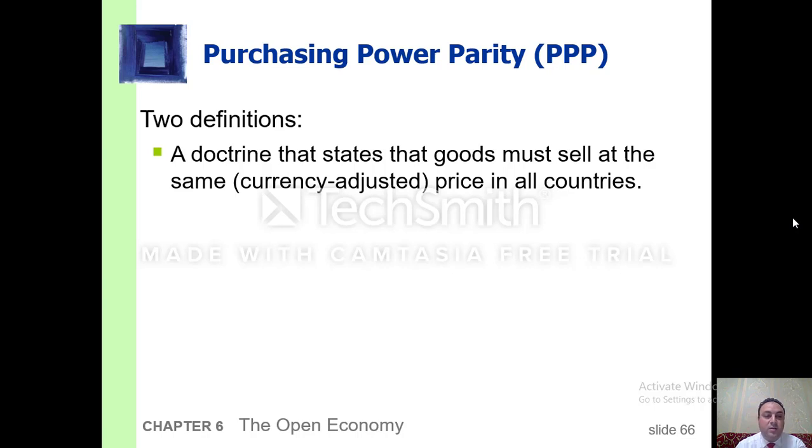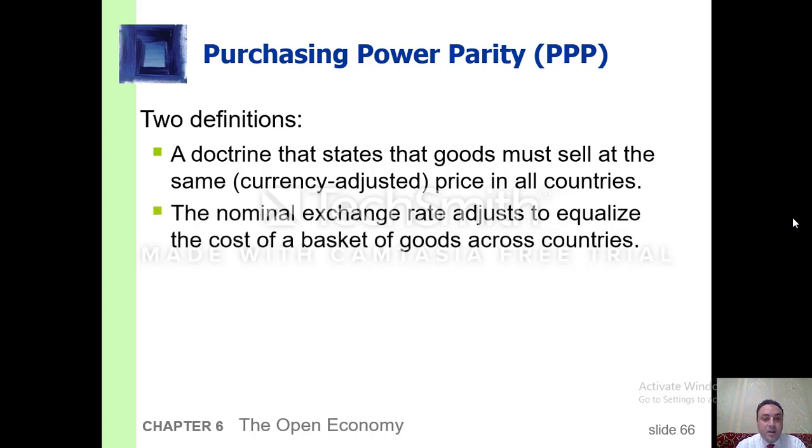Which means if 10,000 som equals $1, and you buy a notebook with 10,000 som in Uzbekistan, you should be able to buy this notebook in the United States for $1. So this is what this principle says. The nominal exchange rate adjusts to equalize the cost of a basket of goods across countries.